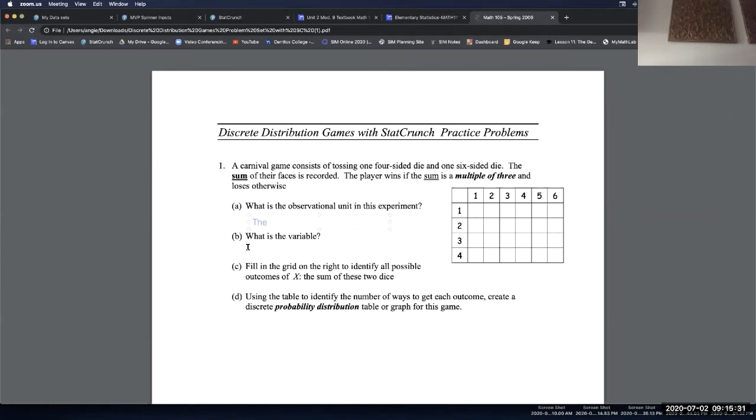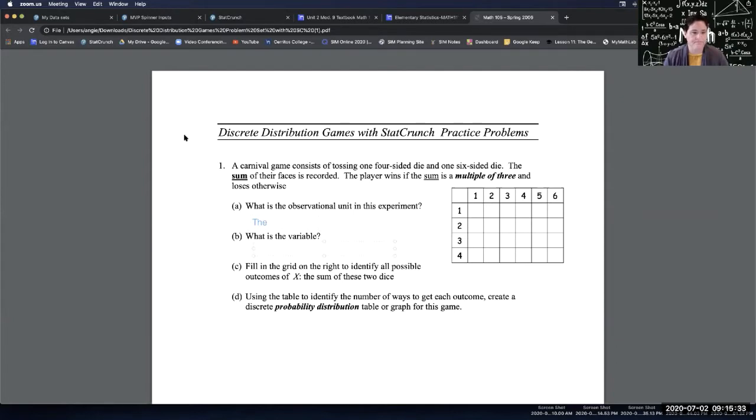Let's get prepped up here. I want my contacts. I didn't even realize I'm in annotate, so I can't click.